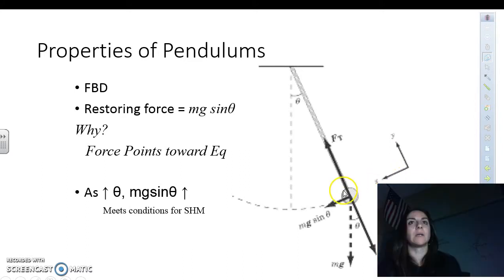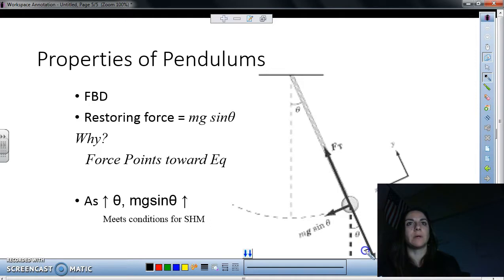So when you do that, you have the tension here, you have the gravitational, and if you notice, this piece here is actually the same as this piece, so let's write that in. So this piece right here, and this is the hypotenuse right here, which is mg.